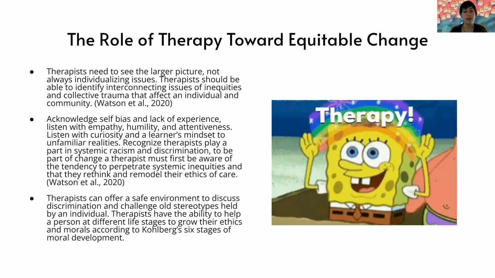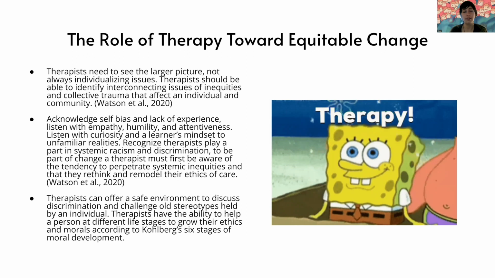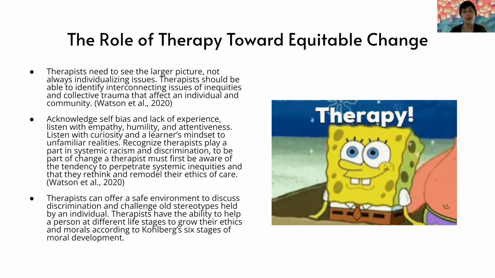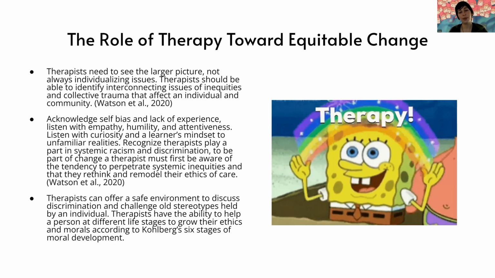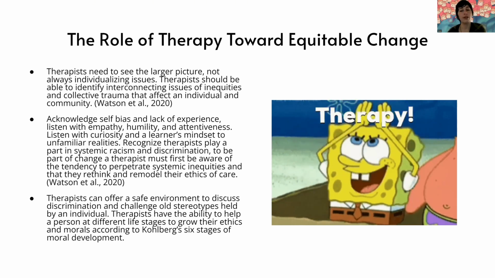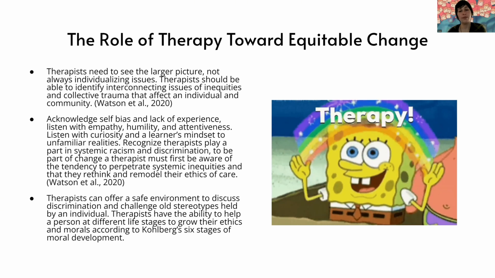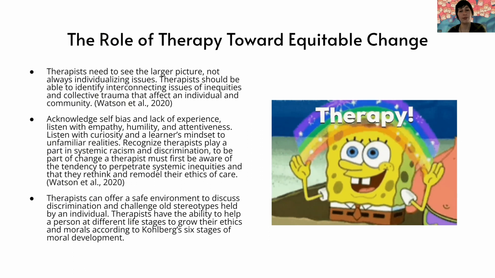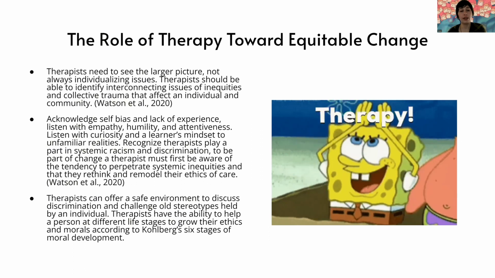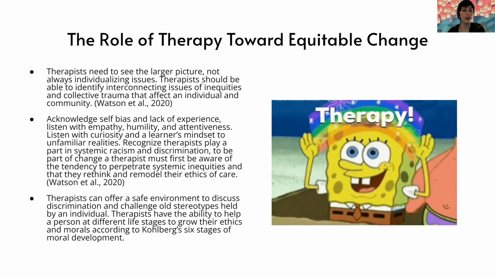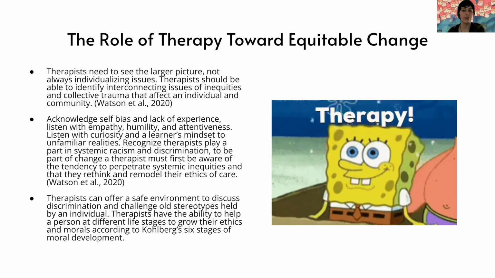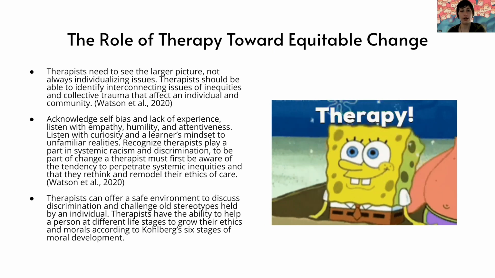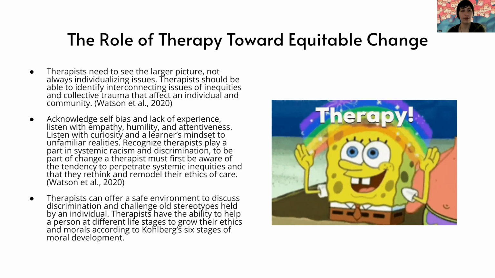Therapists have the ability to help a person at different life stages to grow their ethics and morals according to Kohlberg's 6 stages of moral development. Also, if you'd like to read more about how family therapists can participate in equitable change and may unknowingly be perpetrating or creating more systemic inequities or just partaking in them, the paper by Watson and other authors is a great resource.